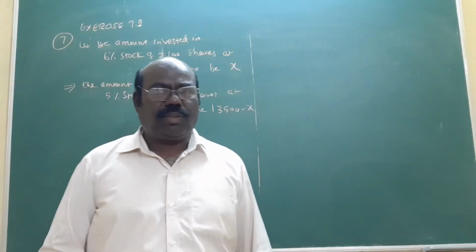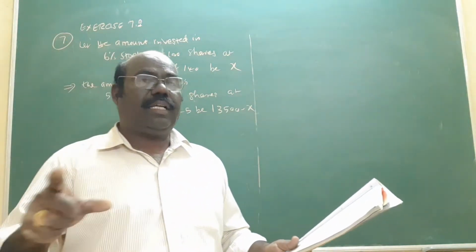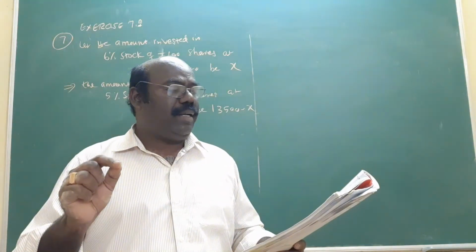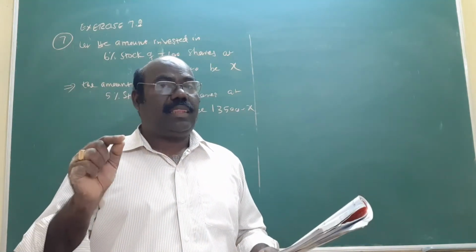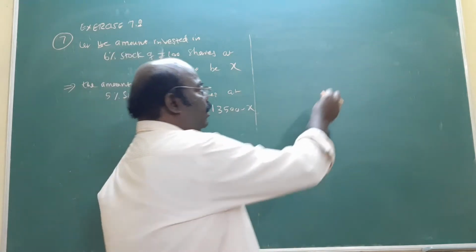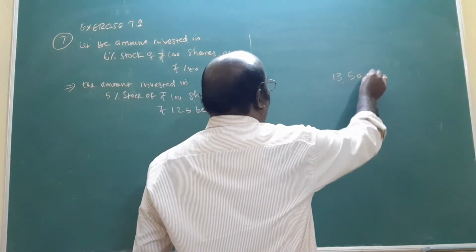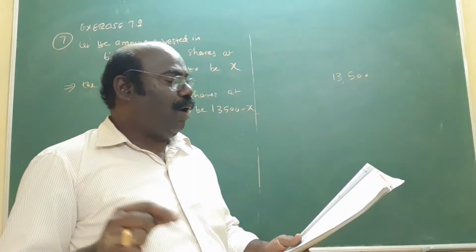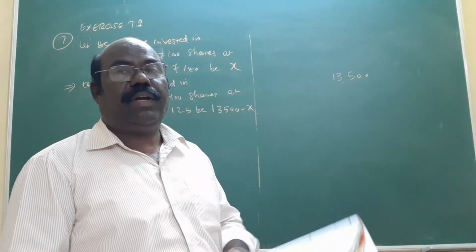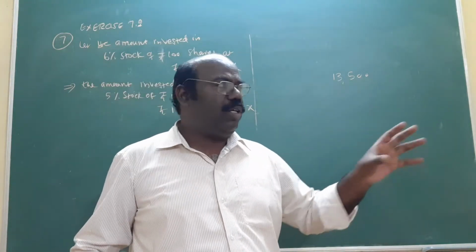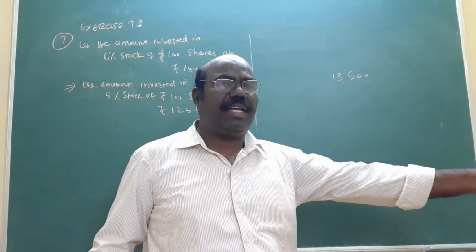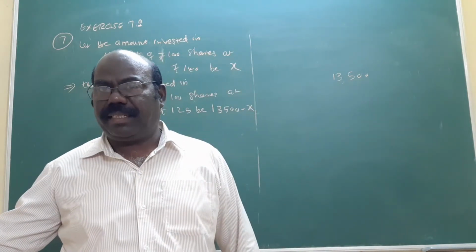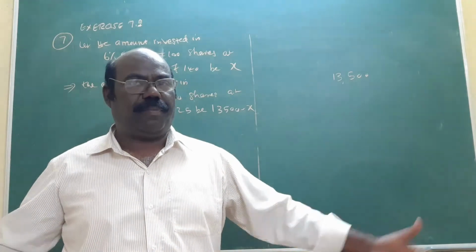Now, next question, the seventh question. Read the question. A man invested 13,500. A man having 13,500 rupees wants to invest partly. We have two companies. Part of the amount is invested here, and the remaining amount is deposited there. This is the concept. Two companies actually.